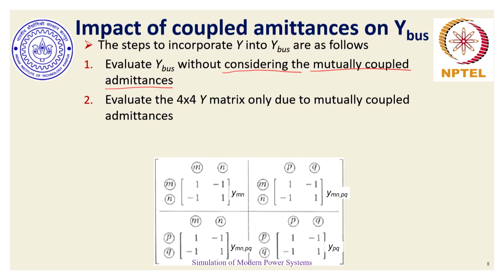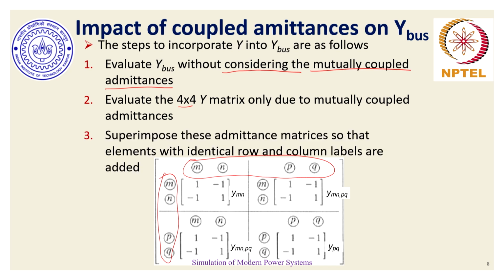So, we get an N cross N matrix. Now, for every such ignored mutually coupled set of impedances or admittances, we find the 4 cross 4 matrix, keeping in view that the row and column labels are uniquely and correctly marked.